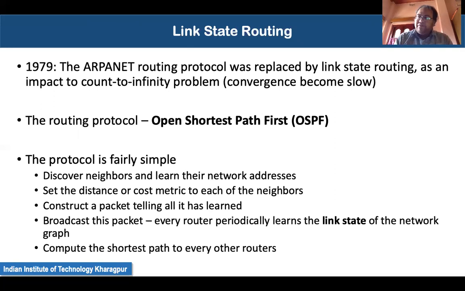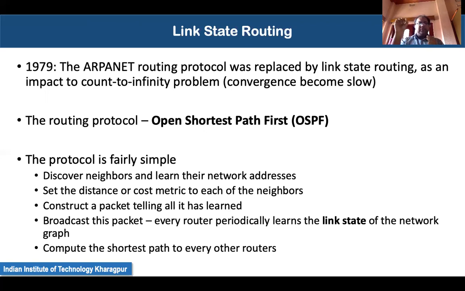The basic philosophy is something like this: in a distance vector routing protocol, you first do a routing path computation, and then you exchange that computed information with your neighbor. You find out, for a particular destination, what your shortest path is.